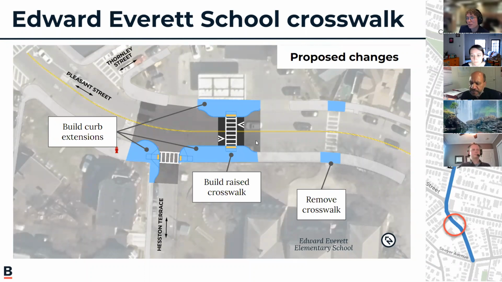In addition to shifting the crosswalk, we're proposing that it be a raised crossing, as well as that we would be building some curb extensions. And I'm going to quickly show you some images to help you understand what those two different treatments look like.